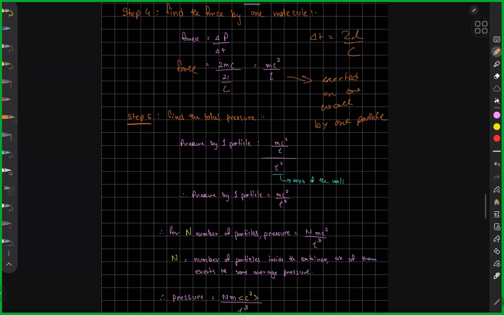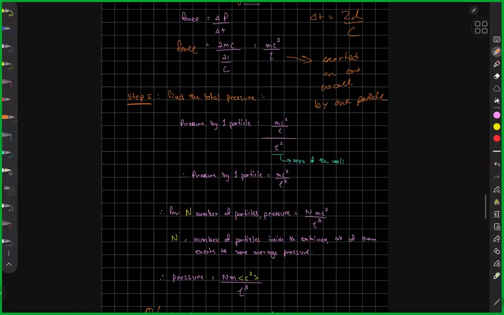How do we find the total pressure by one particle on one wall? You know the pressure to be force by area. So the pressure would simply be whatever the force is divided by the area.